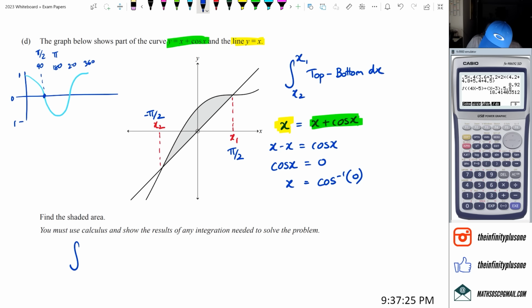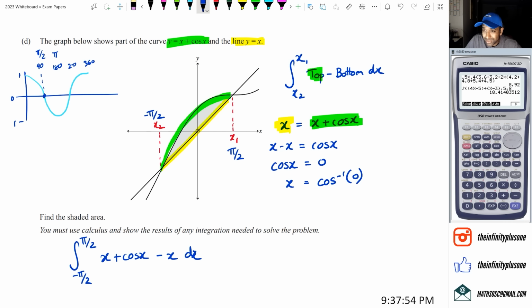So, integral from negative pi over 2 to pi over 2. The top curve in this case is, of course, x plus cos x. The bottom curve is the straight line y equals x. So we go x plus cos x minus x dx.